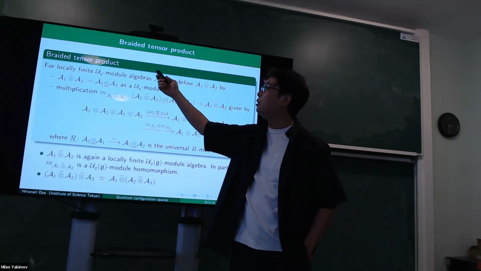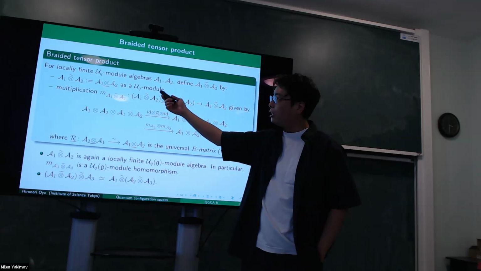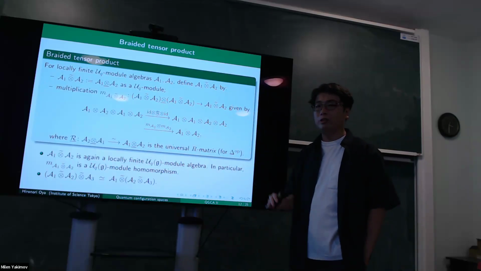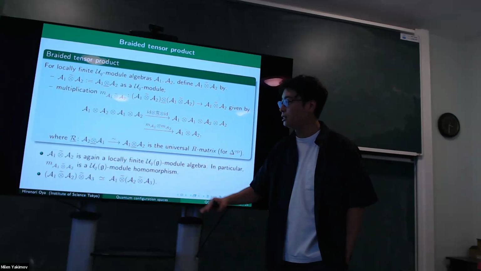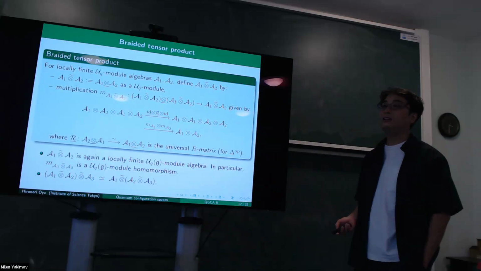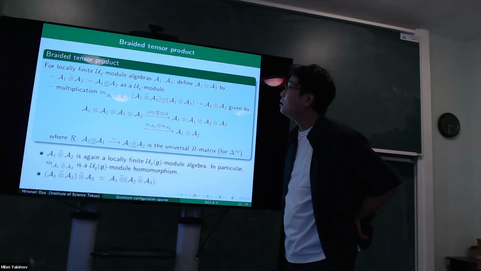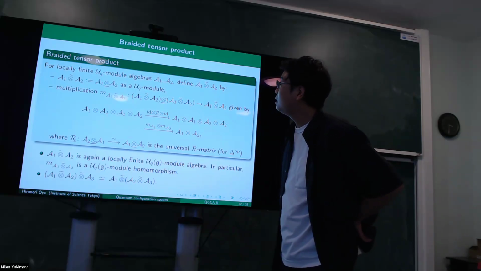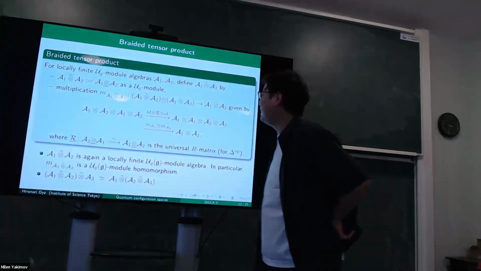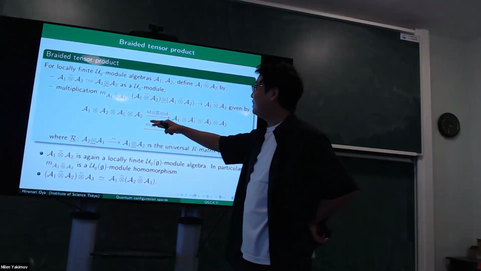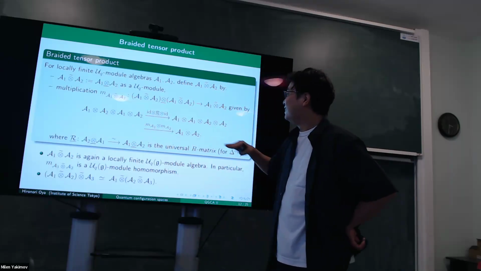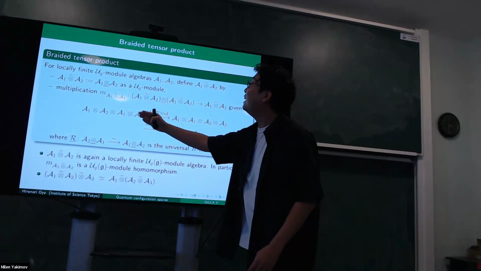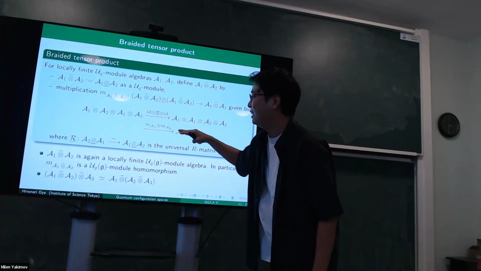The graded tensor product of locally finite module algebras is again a locally finite module algebra, and it satisfies associativity. Here I didn't write the tilde or underbar on the R matrix, since I defined this map as a linear map.